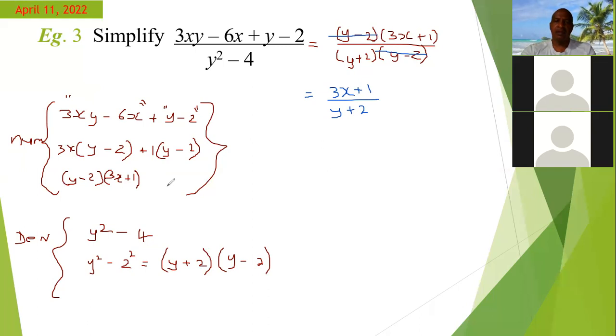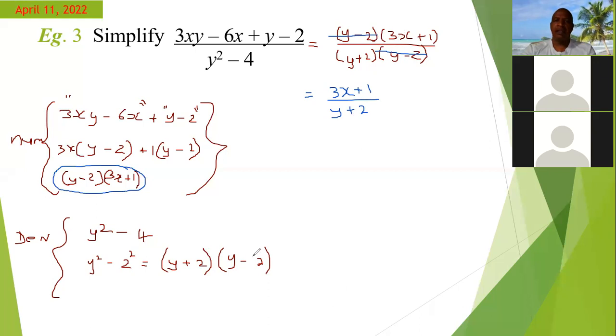No, sir, over there, so we have y minus 2 in the bracket and 3x plus 1. Oh, we get it from what we get down here when we factorize the numerator. So whatever we get after we finish factorizing the numerator, we put it back over here in the numerator. You follow?